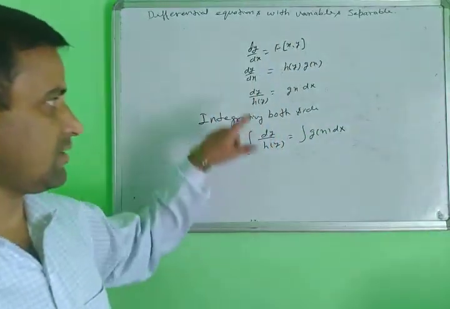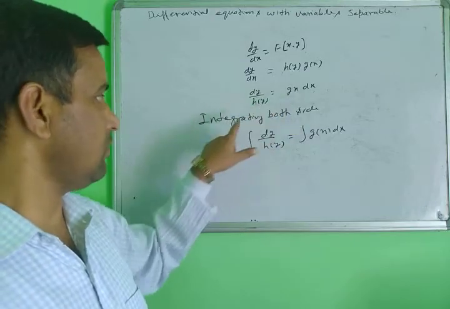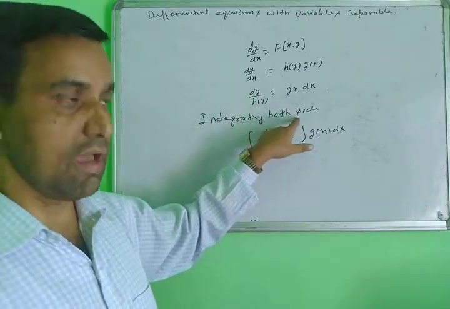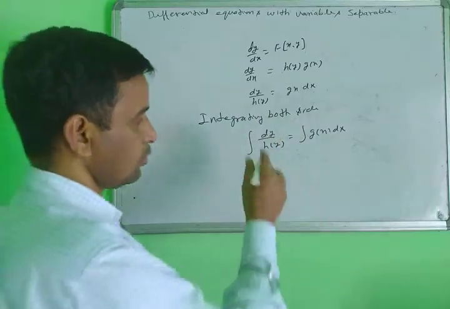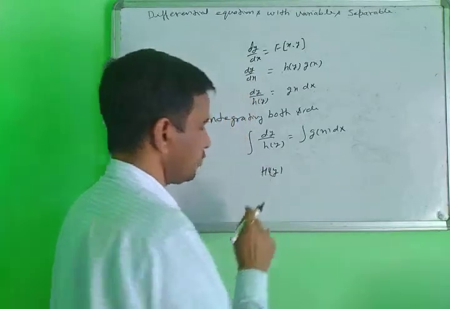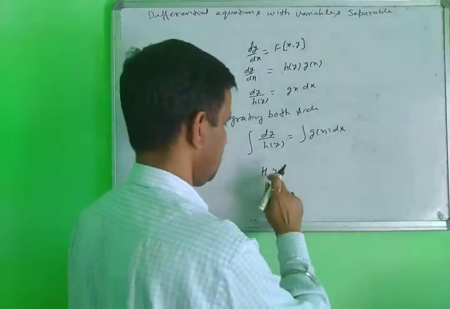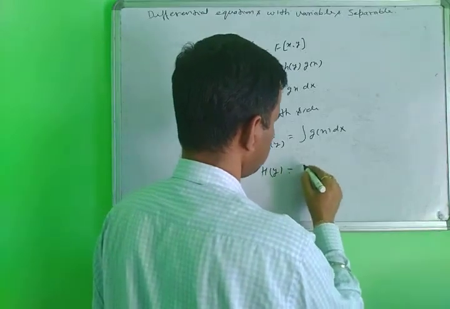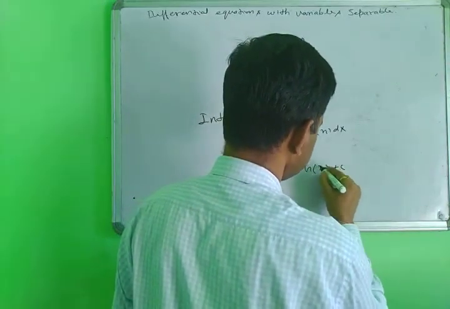After that, to find the solution, we will integrate both sides in every equation. Suppose the solution of this part is hy, and the solution of this part is gx plus c.